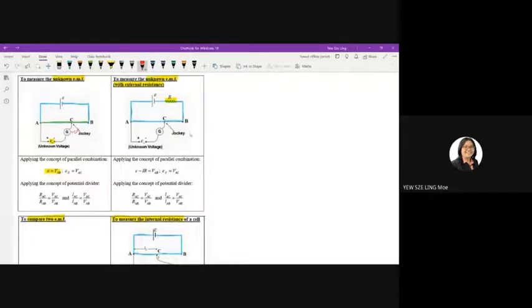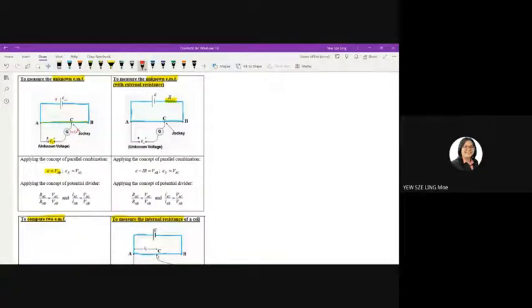In some cases, the deflection will just point towards one direction. If it points toward one direction, what does it mean? There are two possibilities. The first one is that you connect your unknown EMF in the wrong position, wrong direction. When you have EMF in the upper loop, where the positive terminal is on the left-hand side and negative terminal is on the right-hand side, then the unknown EMF also must follow this direction.